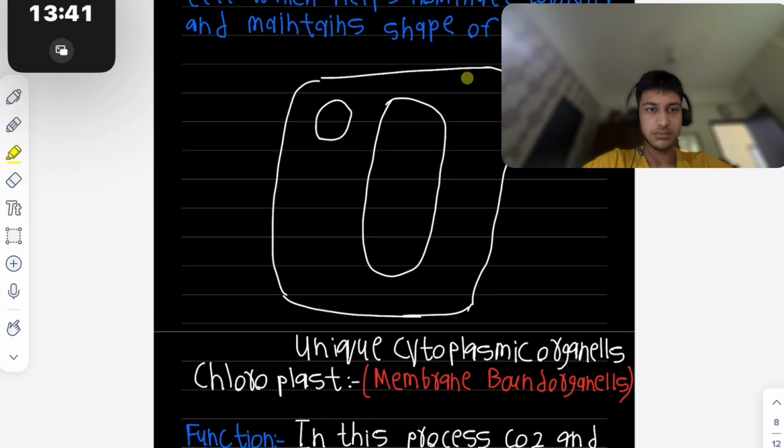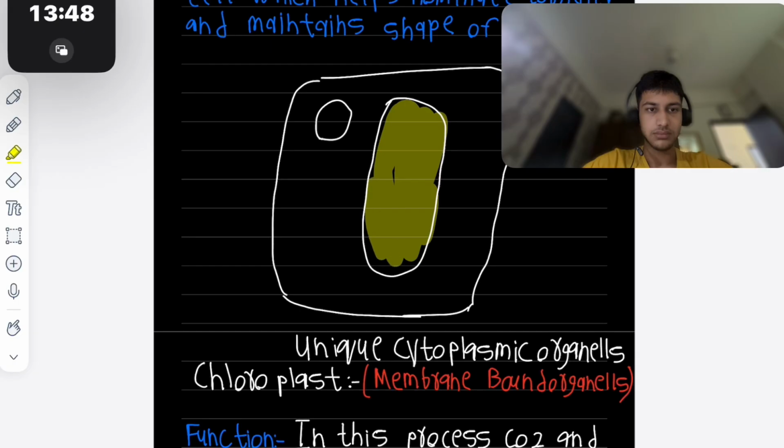You can see this plant structure. This entire thing is the vacuole, and in a plant cell you will always have the vacuole in the center. In the exam, be careful to see where the vacuole is, and this is the nucleus over here.